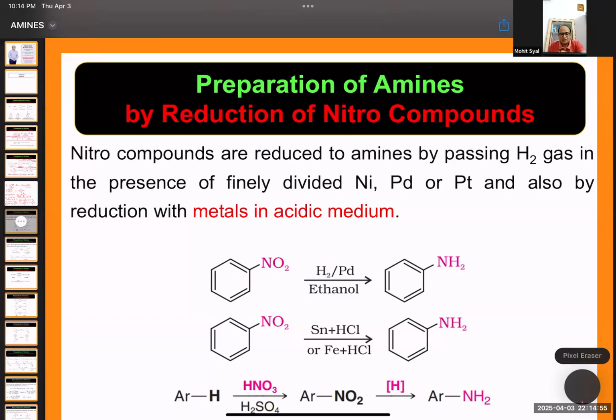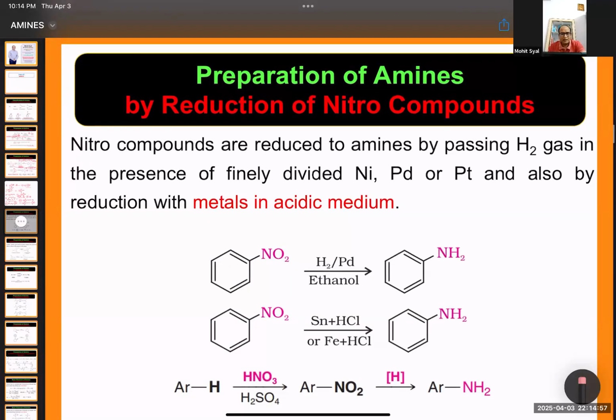Next is the preparation of amines by reduction. So you have many functional groups where you have multiple bonds, and those multiple bonds can be reduced, and hydrogen can be added on those multiple bonds, and you can end up with an NH2 group.